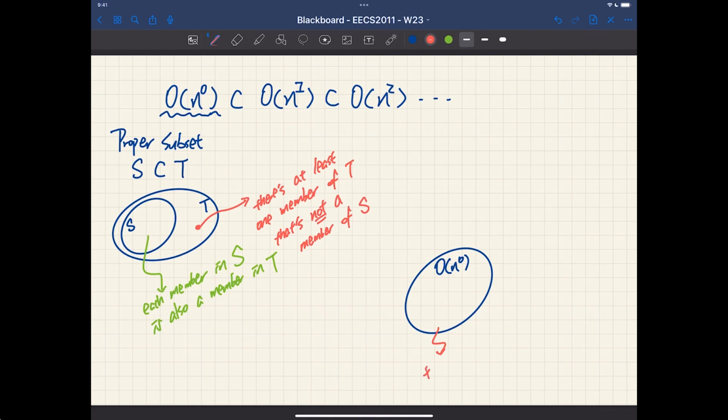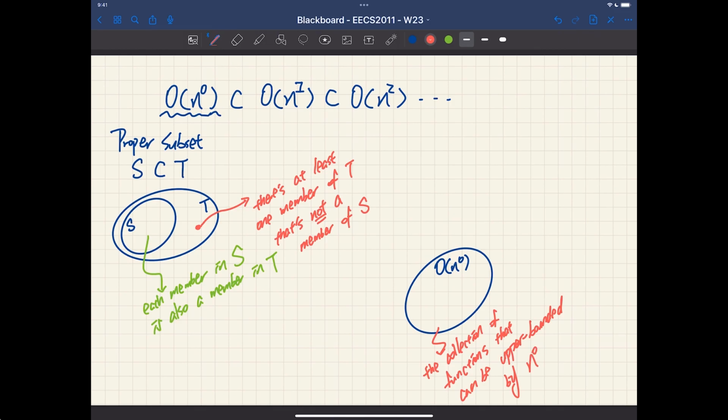The collection of functions that can be upper bounded by n to the power of 0.